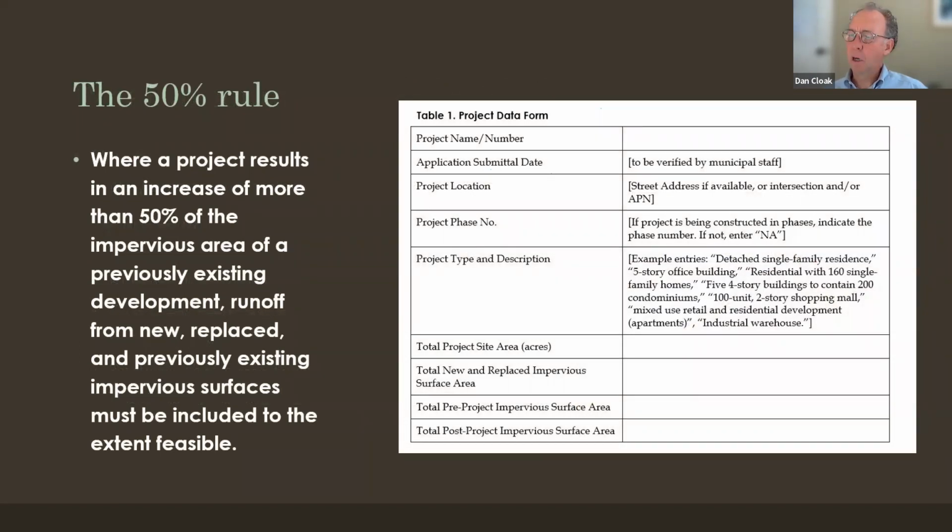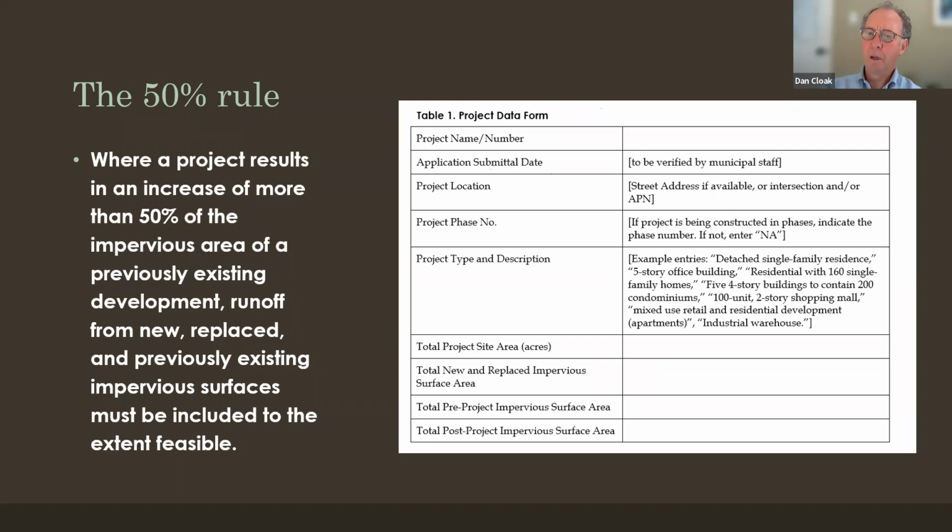The 50% rule is often an area of confusion, partly because it's worded in different ways in the municipal regional permit in effect in the South Bay counties versus this language, which is the older language that still exists in the North Bay counties permit in provision E12.